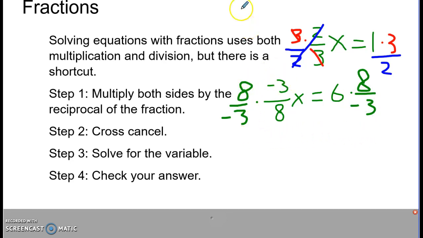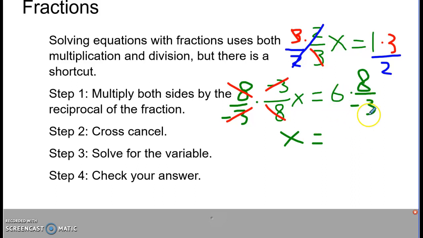And we can cancel the whole fraction because we have cross multiplication. And then we can solve our equation for our variable.